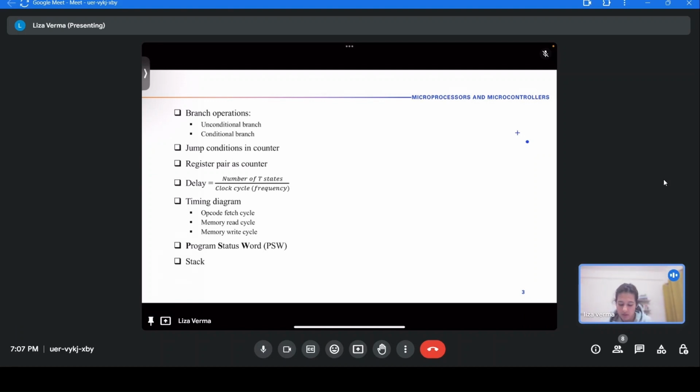There can be two kinds: unconditional branch or conditional branch. In an unconditional branch, you just tell the MUP at some point of your main program to do this, break the loop or something like that. Conditional branches depend on the result of the operation of the previous instruction, right? So these are the branch operations.